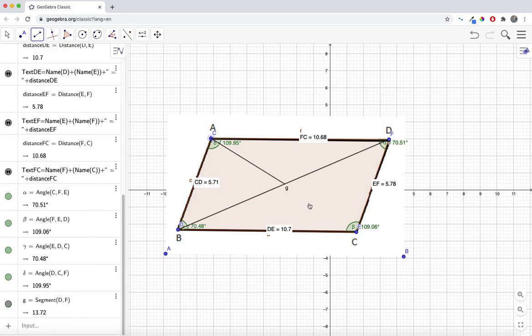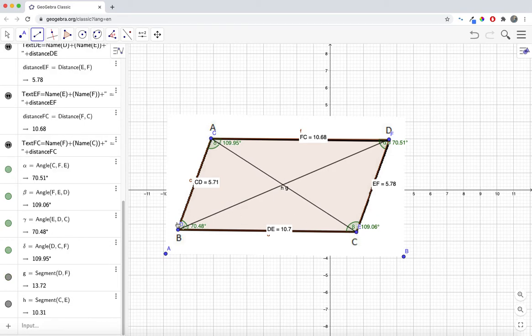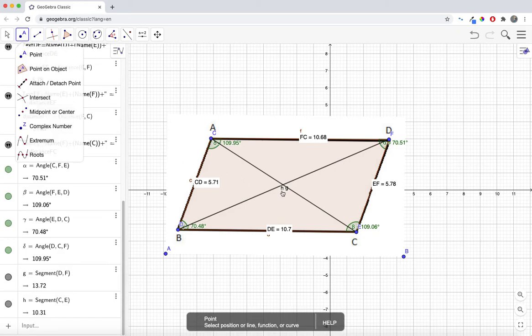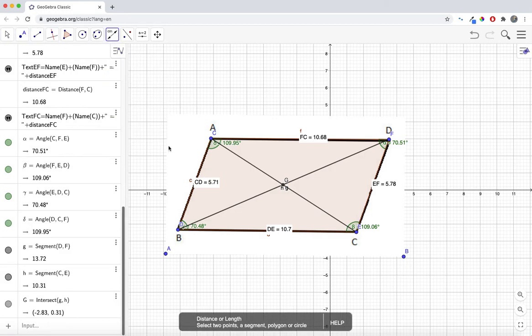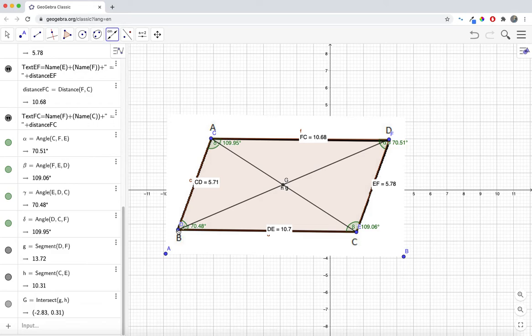Then, okay, so if we measure half of this and then we measure another half of that, actually let's put a point right here. There we go. So we'll get our distance. The halves should be the same if they really bisect each other.